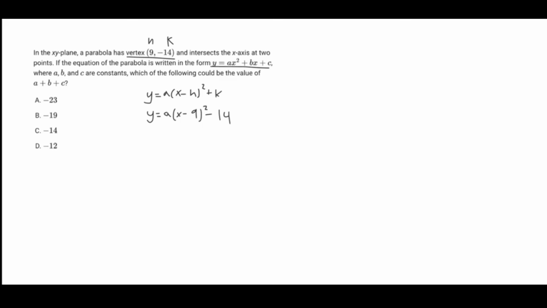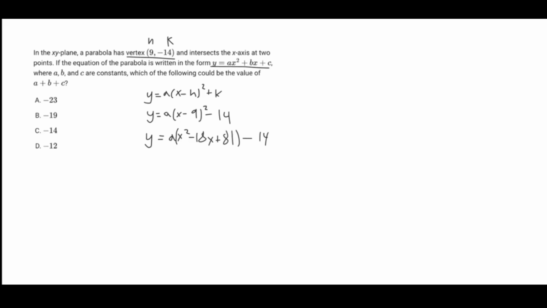We don't have the a value, but that's okay, because you'll see in a second, it actually doesn't matter. So y equals a, and then (x minus 9) squared would be x squared minus 18x plus 81. I actually want to put this in parentheses. And then we have the negative 14 on the outside.